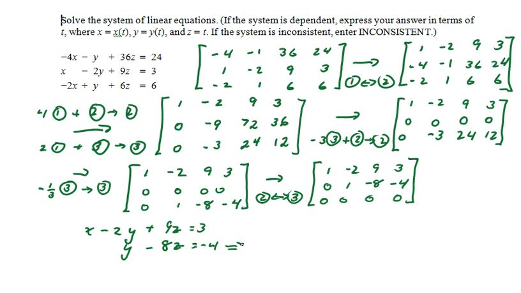So this will give us y equals 8z minus 4, and x equals 2y, which is 2 times 8z minus 4, minus 9z plus 3.